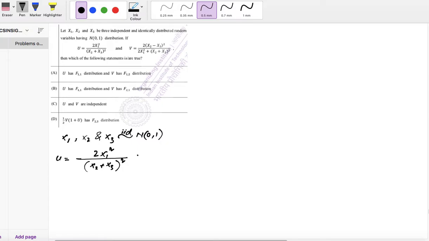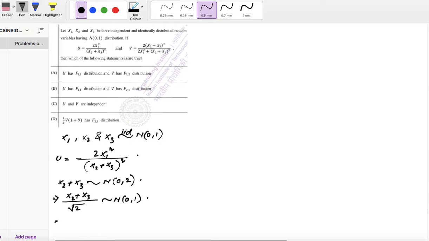Now since x1, x2, x3 follow standard normal distribution, x2 plus x3 would follow normal 0 and 2, that we can further reduce to x2 plus x3 divided by root 2, that would follow normal 0 and 1.